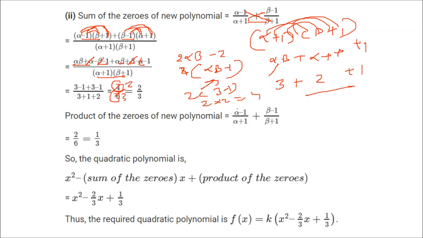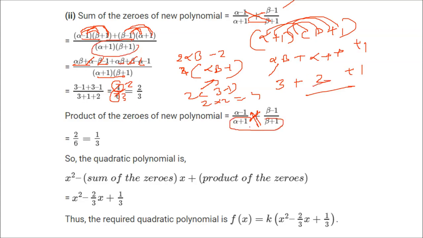So now the product of the zeros, this is the addition. Now let us take a product of these two. This one, multiply them. So alpha minus 1 into beta minus 1, then alpha plus 1 into beta plus 1. This is the multiplication. So this you have already done just now. See, we have already done, and we found it to be 6.